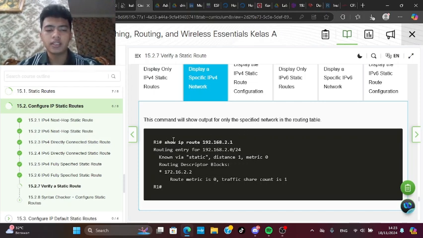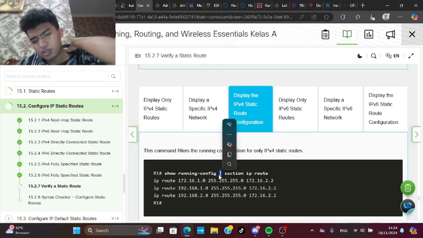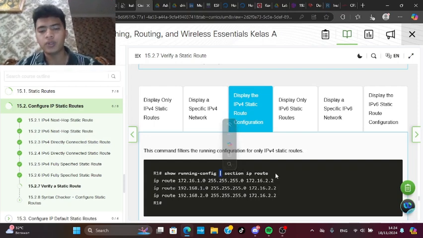It's like this: show ip route, and then we type the IP address, and then it displays the IPv4 static route configuration. So here we can see what configuration is running, and for the section ip route, we use this to choose which part of the show running-config we want to see, and we want to see the section ip route.